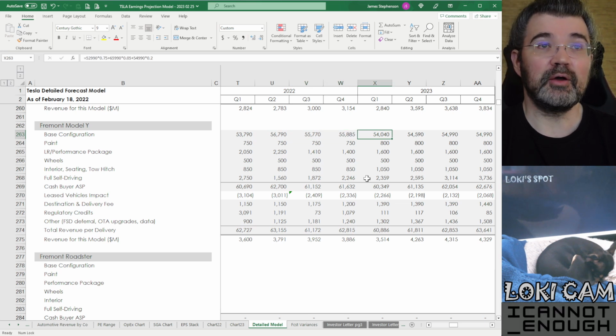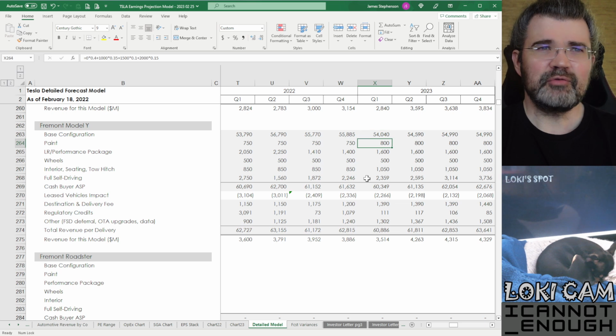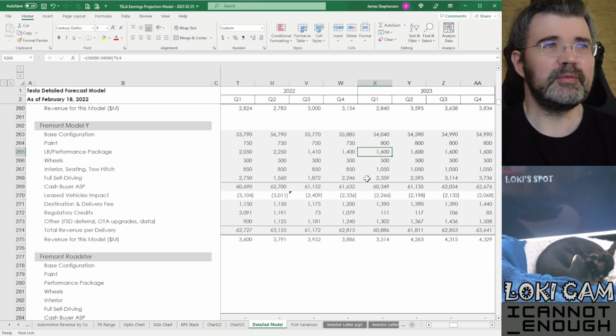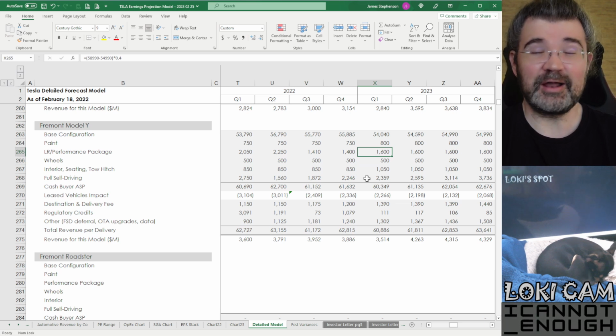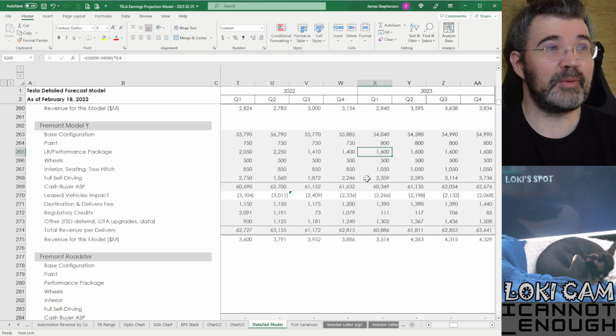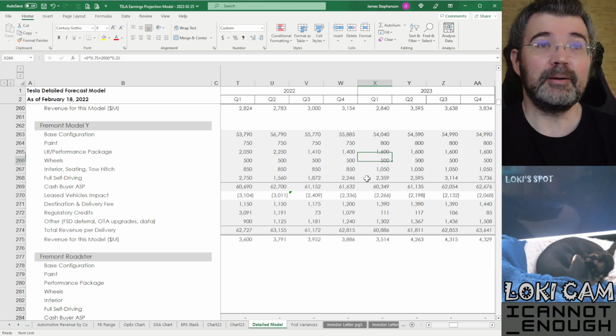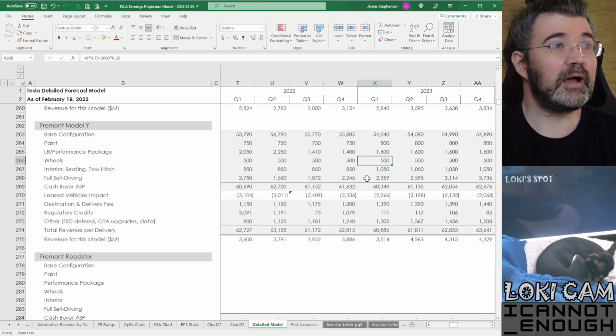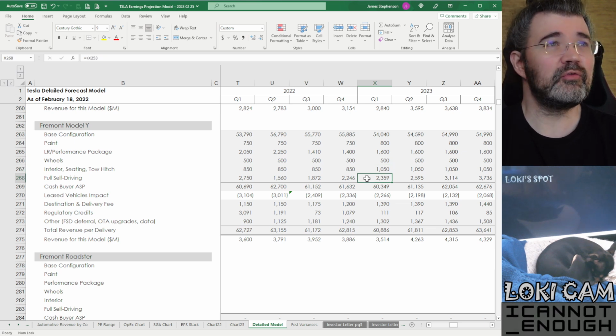Yeah, so these are my assumptions for the Fremont Model Y revenue. Not a very high charge for the performance package on the Model Y these days. That is only a $4,000 upgrade to get the performance package on your Model Y. Then we've got wheel options, interior options, full self-driving.